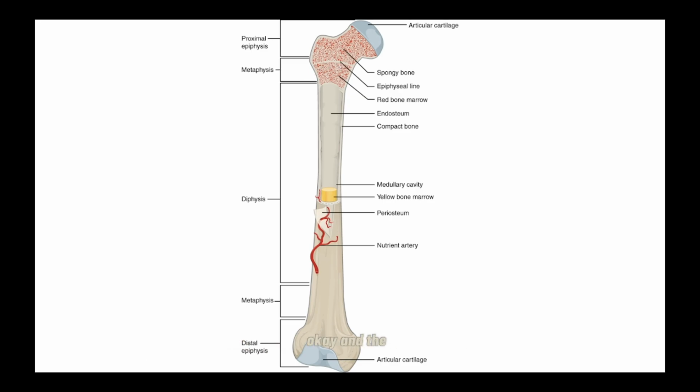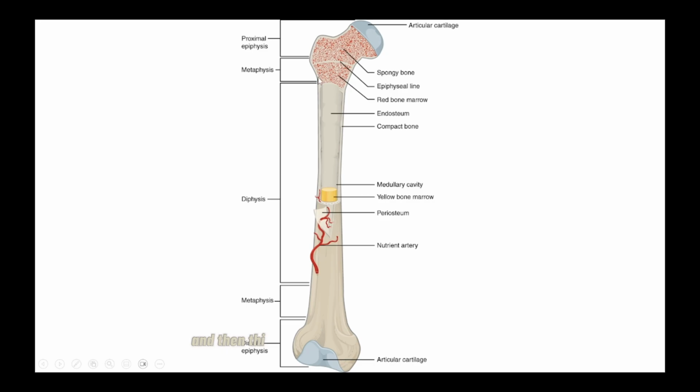The periosteum is dense connective tissue that covers the diaphysis. This is the diaphysis, where ligaments attach to the bone.